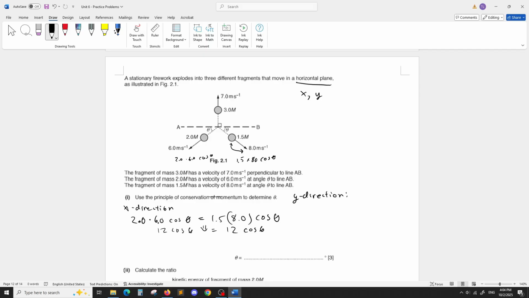So then let's use the top ball as the left side and then the bottom 2 balls for the right side.